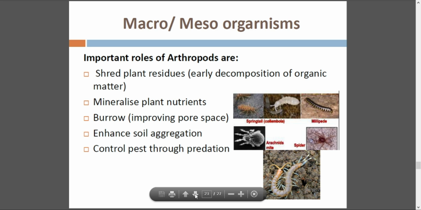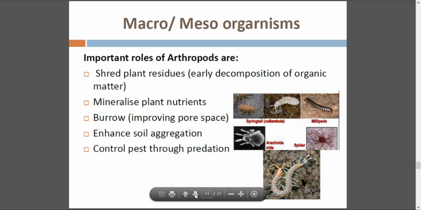We see that there are 3 groups of protozoa, based on shape: the ciliates, the flagellates, and the amoebas.